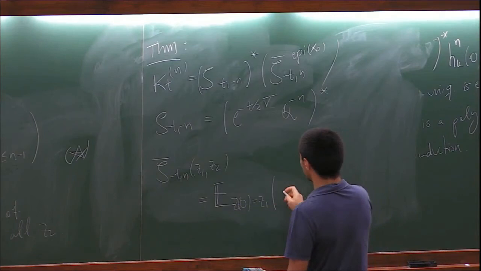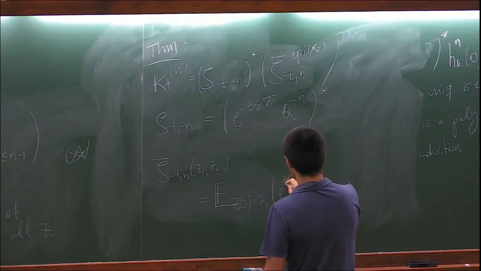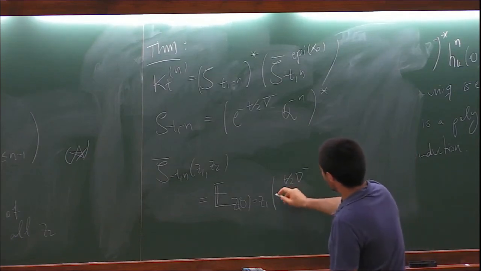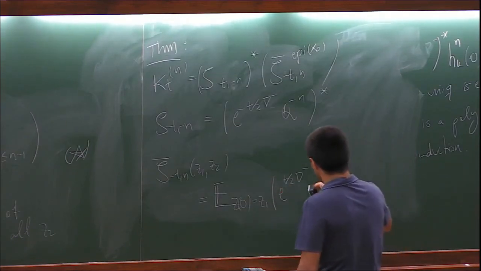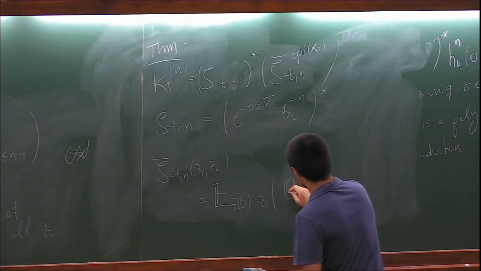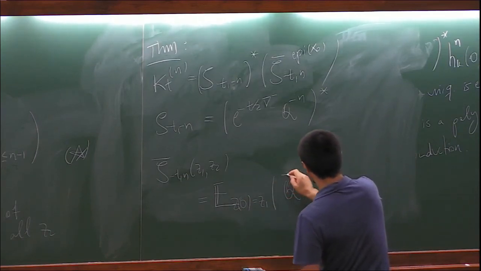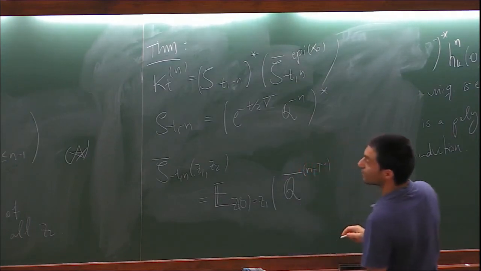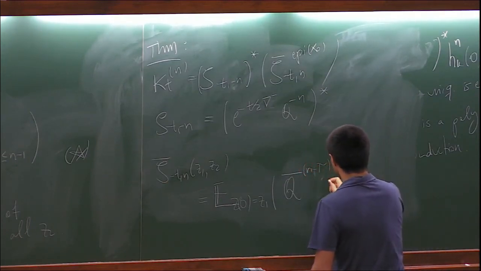So now I'm going to have E to the T over 2 grad minus. It comes inside. Actually, let me not write it like that. So what I should write is Q bar N minus tau composed with E to the T over 2 grad minus.